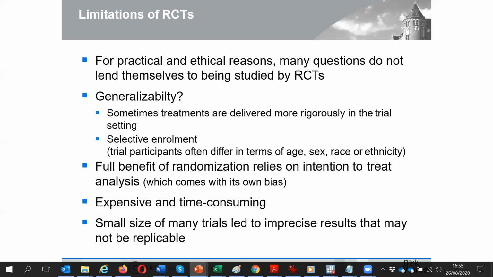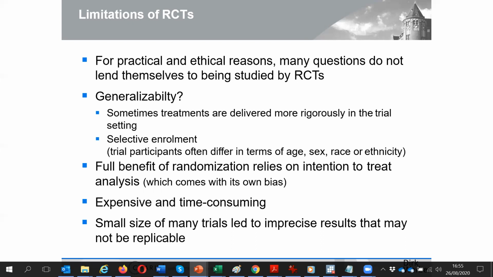But in real practice, participants often differ in terms of age, sex, race, or ethnicity. Also, sometimes treatments are delivered more rigorously in a trial setting. So the way people get drugs or treatment during a clinical trial is not the same way people get treatment in real life.